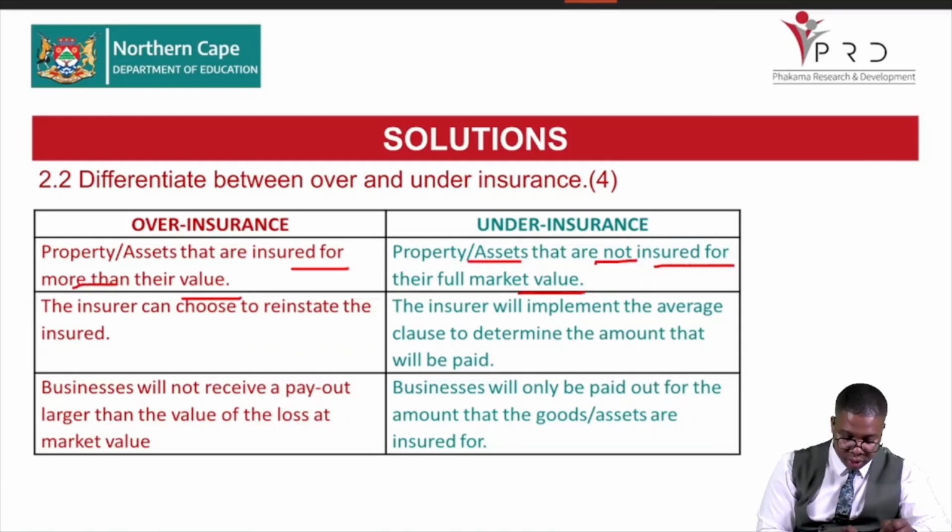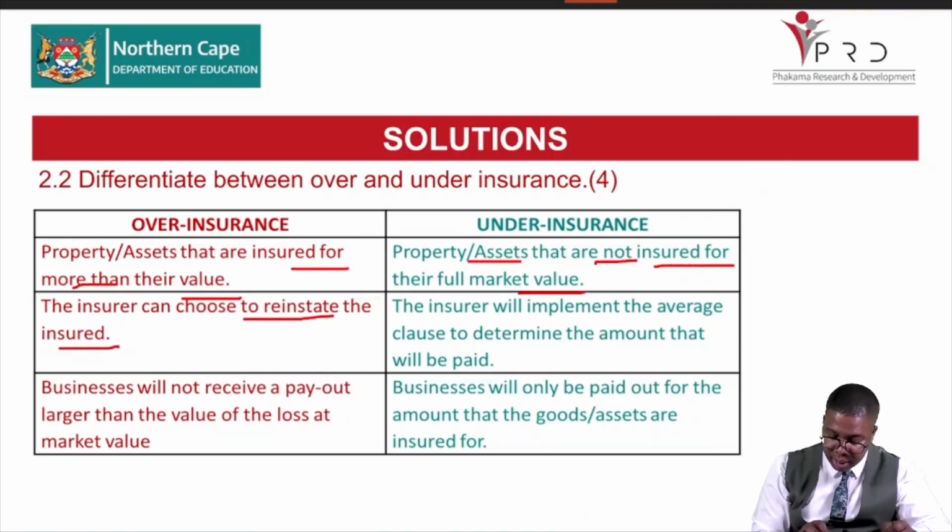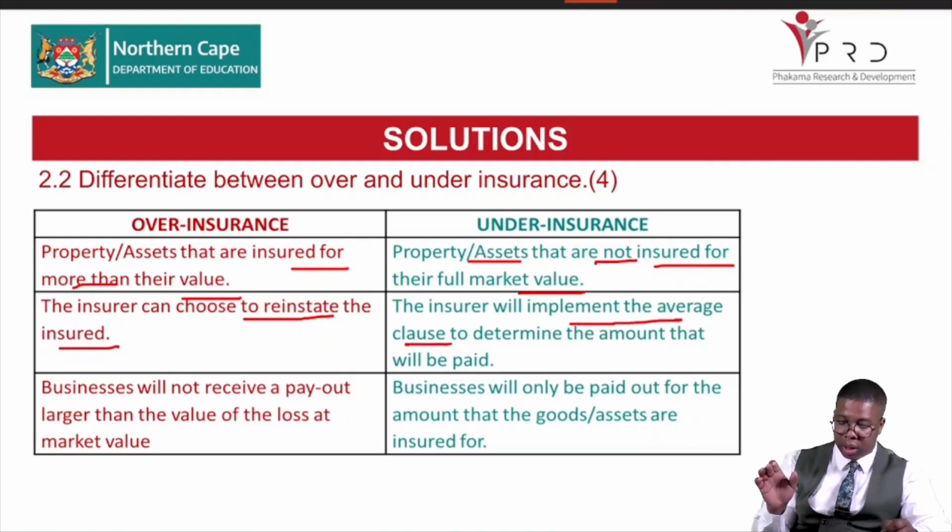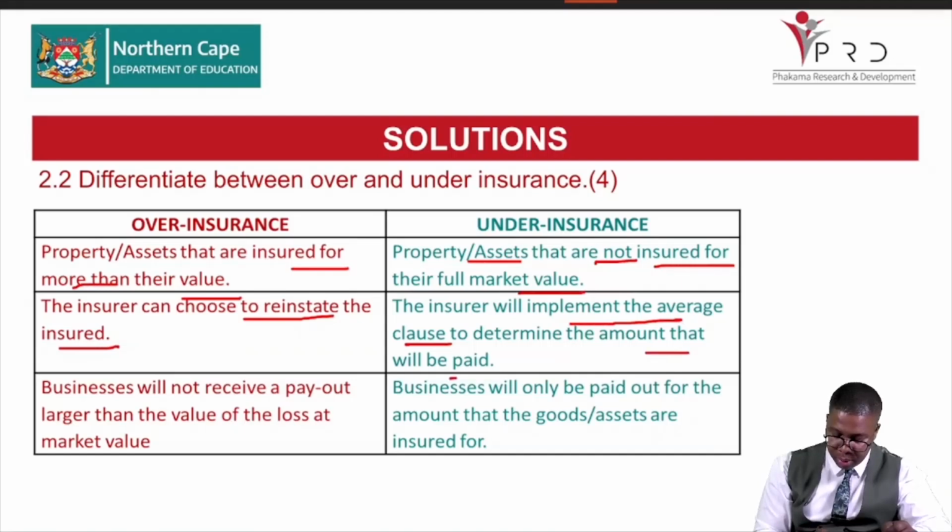And then when we further look into over insurance, the insurer can choose to reinstate the insured. But with under insurance, the insurer will implement average loss, which is the calculation we showed in the previous activity, to determine the amount that will be paid.